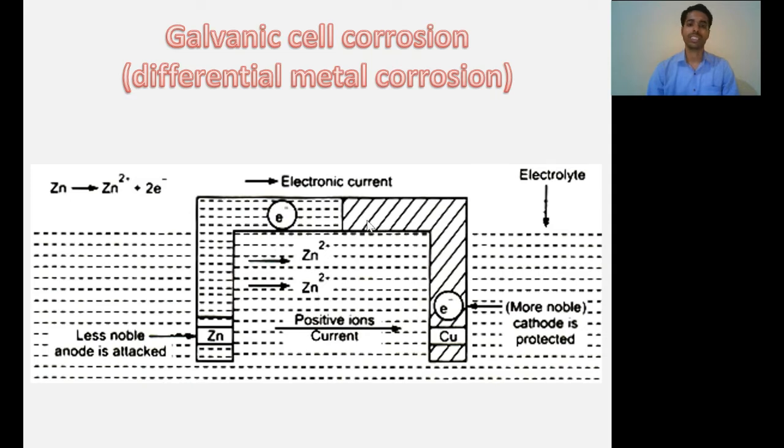In such a case galvanic cell corrosion, or differential metal corrosion, will occur. One metal will behave as anode and the other as cathode. Which metal behaves as anode and which as cathode totally depends upon the galvanic series. Let's first see what the galvanic series is.